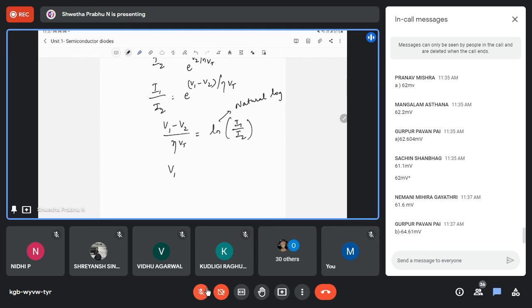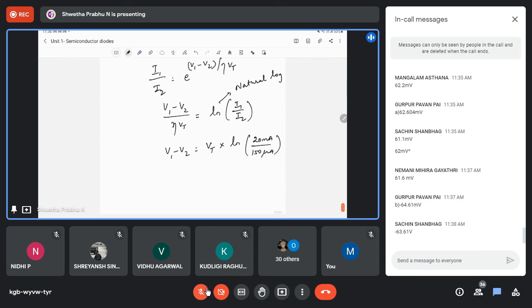So substitute and tell me what you'll get. V1 minus V2, eta value is 1, this is Vt multiplied by ln of 20 milliamperes by 150 microamperes. Solve and tell me how much you'll get. This is what they are asking, the change in voltage.